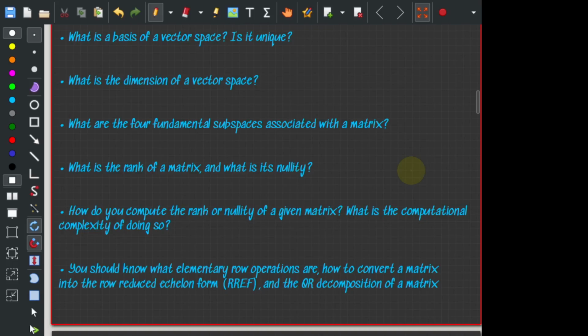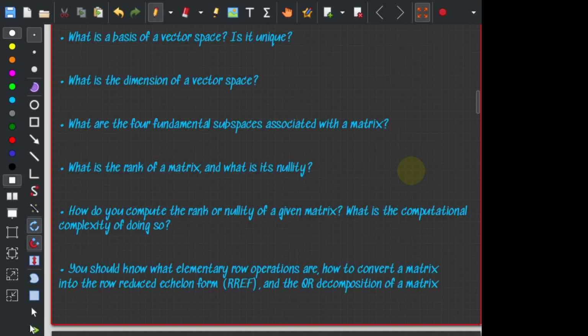What is the right null space? Put slightly differently, it is the set of all vectors which are orthogonal to the rows of the matrix, or the orthogonal complement of the row space.